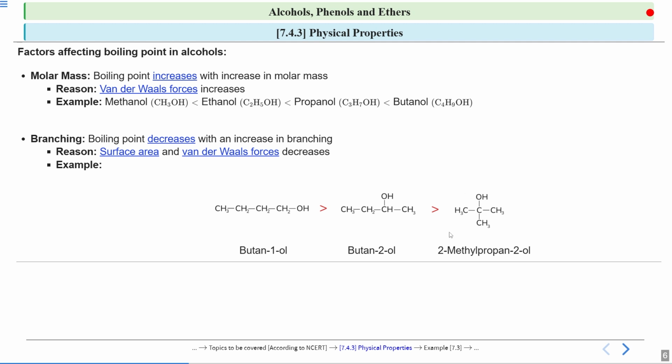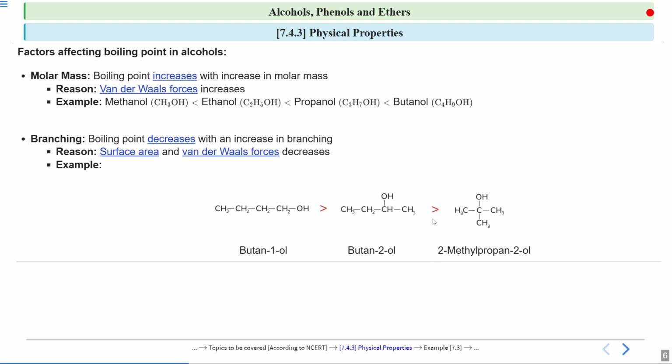Since this 2-methyl propane 2-ol has the most branching, the surface area will decrease. If the surface area decreases, that means the van der Waals force will also decrease. That means your butane 1-ol will have the highest boiling point, then comes butane 2-ol, and 2-methyl propane 2-ol will have the least boiling point.